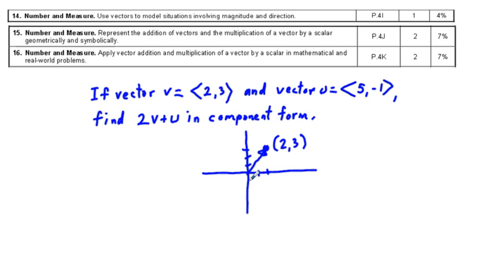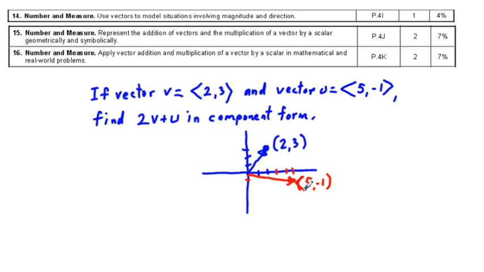Vector u is going to be 5, negative 1, so 1 2 3 4 5, and down 1, so it'll be right here. So that's going to be 5 comma negative 1.